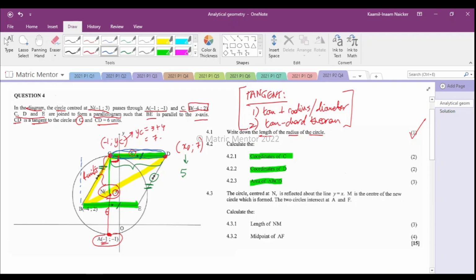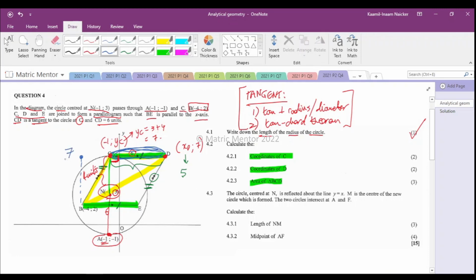Half base times height. So I've got the base length, which is 6 units. Okay, I hope you are following with me. The base length is 6 units. And the perpendicular height of this triangle is very easy to find because I'm simply going from B all the way up this line to the point C, which is at 7 units.